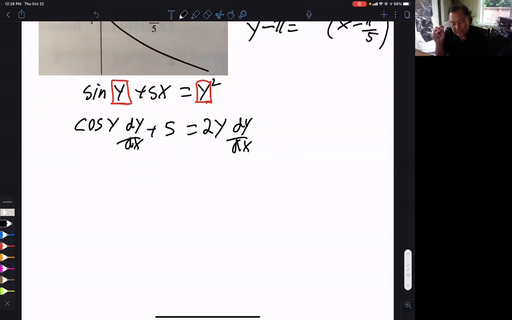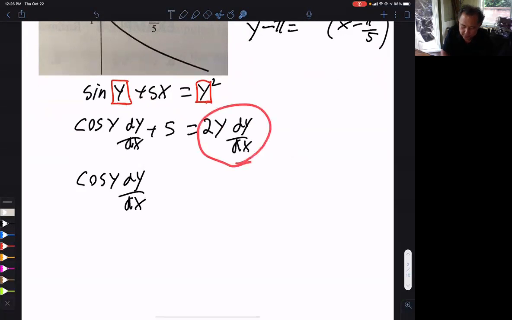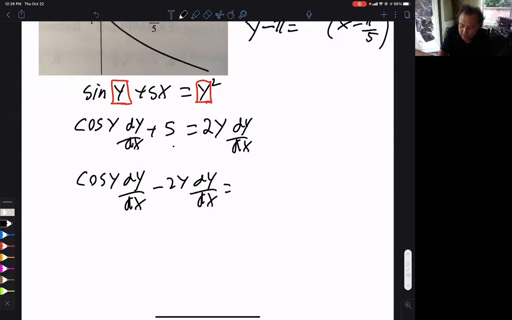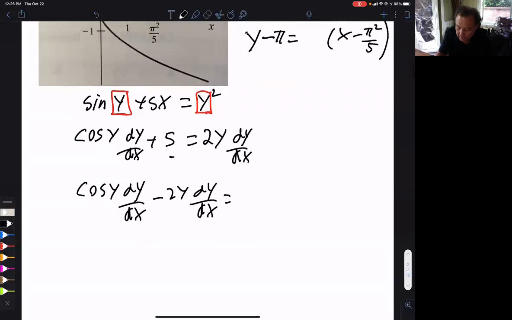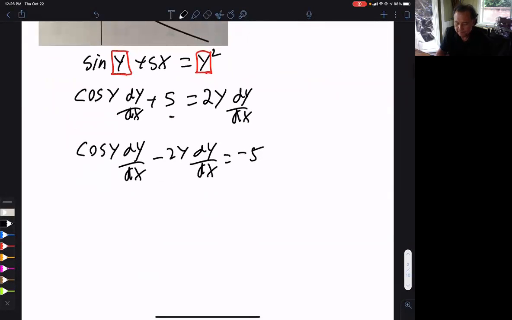Now, anything with a dy dx we want on the same side. So we're going to end up with this. I copy that. I'm going to subtract this from both sides. So I end up with a minus 2y dy dx. And I'm going to subtract this from both sides. So that's going to become a negative 5 on the right side.